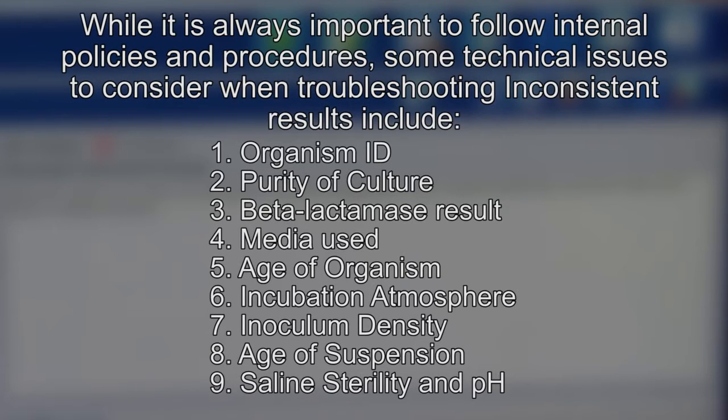While it is always important to follow internal policies and procedures, some technical issues to consider when troubleshooting inconsistent results include organism ID, purity of culture, beta-lactamase result, media used, age of organism, incubation atmosphere, inoculum density, age of suspension, saline sterility and pH.